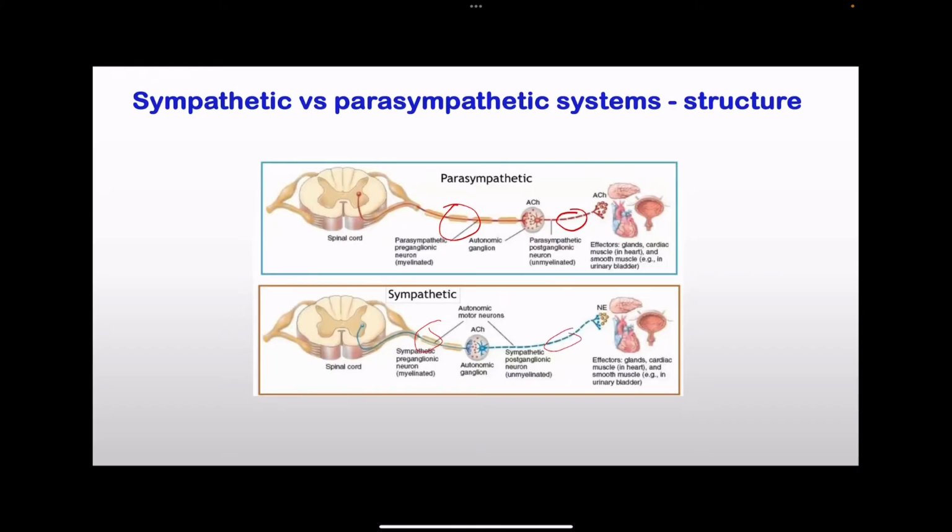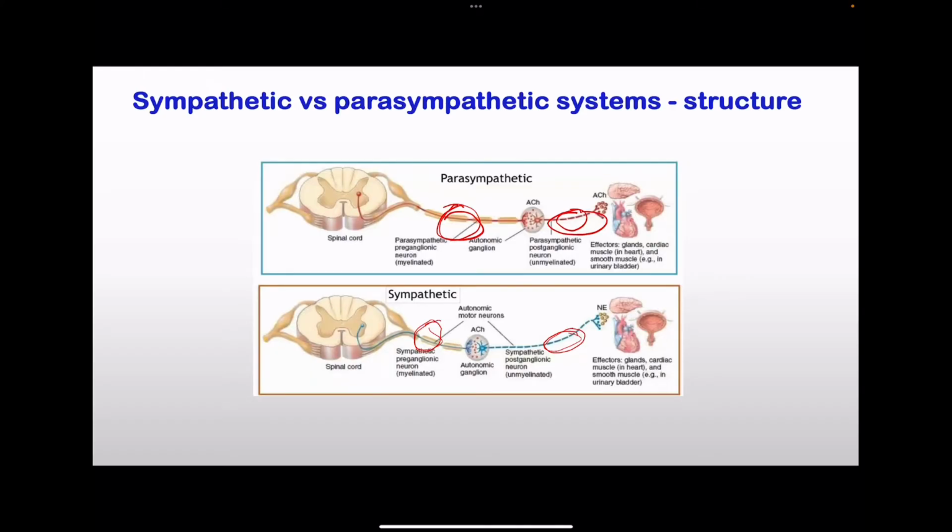In the sympathetic nervous system, the preganglionic fibers are shorter, while the postganglionic fibers are longer. And in the parasympathetic system, the preganglionic fibers are longer, while the postganglionic fibers are shorter. Comparison of their function, the sympathetic nervous system is responsible for the fight or flight response, where it produces noradrenaline at the synapses and produces rapid response to target organs, while the parasympathetic system has a slowing and calming effect.